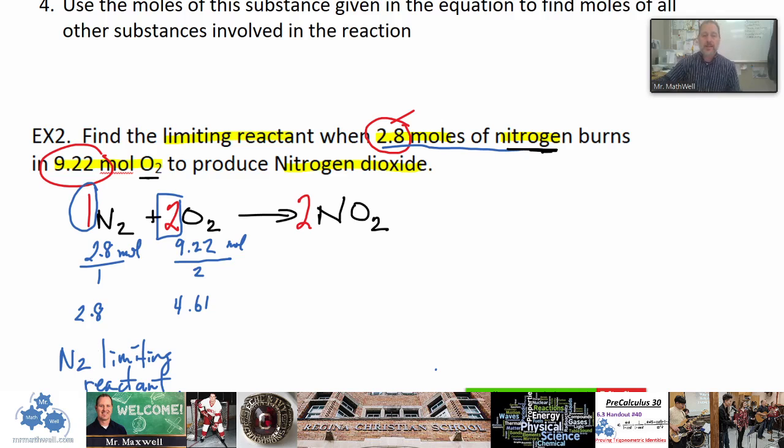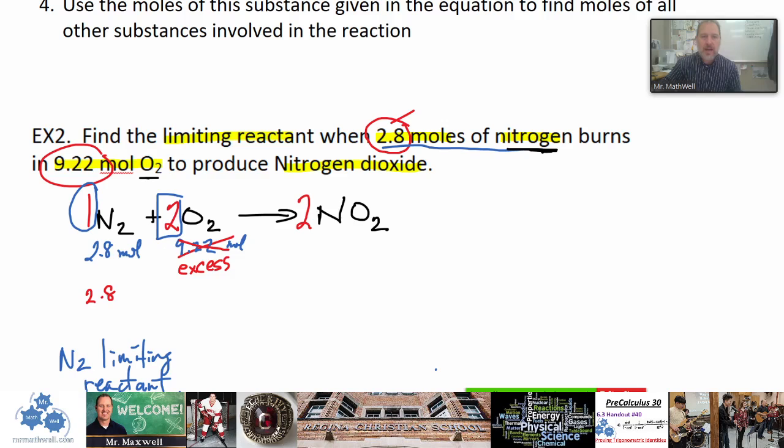So that's great. Now, knowing that, I can get rid of this little calculation, okay? And I also do this. I obviously am going to have extra O2, so there's going to be excess here, see? There's going to be extra. Why? Because I need 2.8 of this.